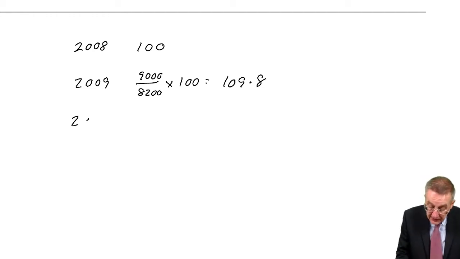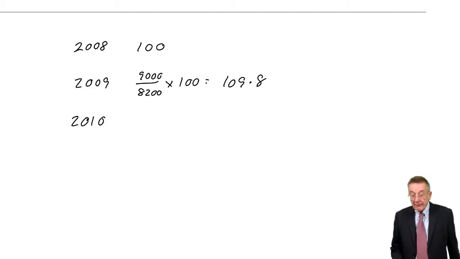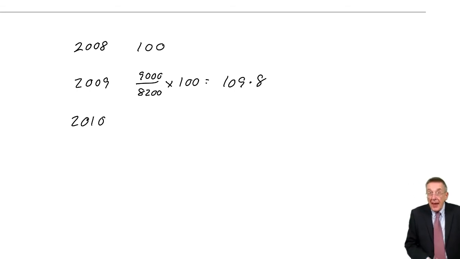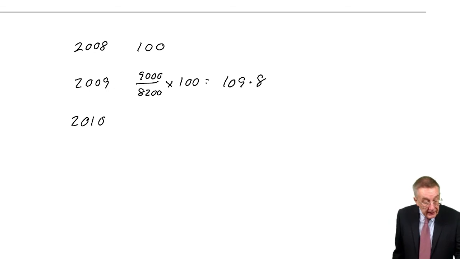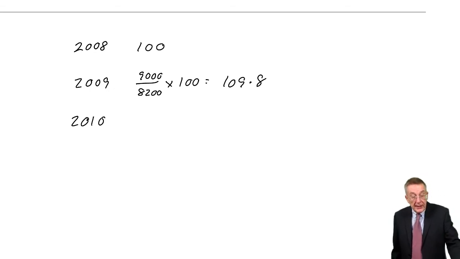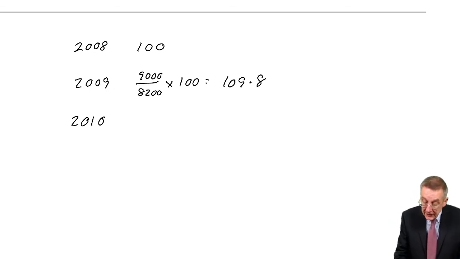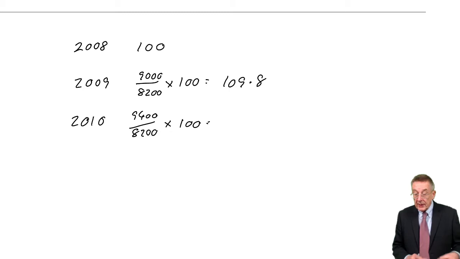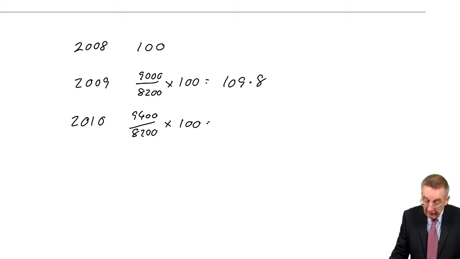And what about 2010? Well, sticking to the same base year all the way through, for 8,200, it's gone up to 9,400. And so the index number, based on 100 in 2008, would be 114.6.